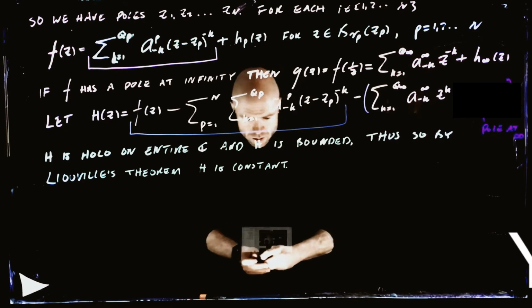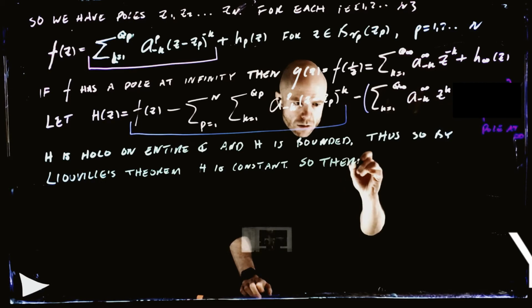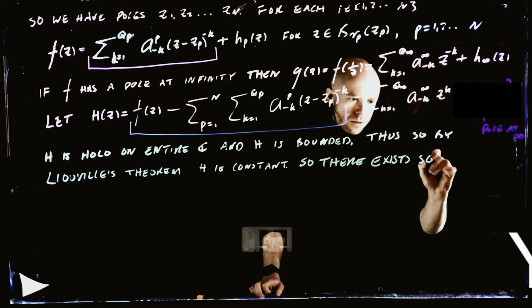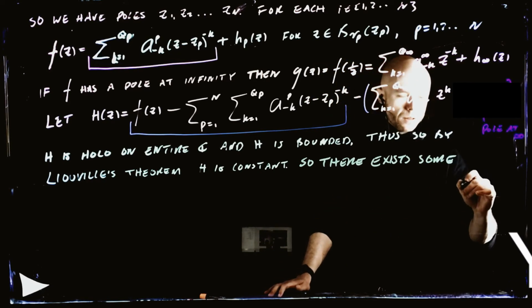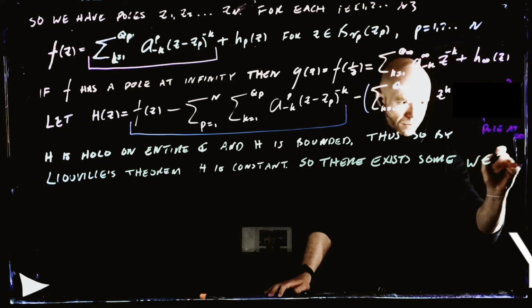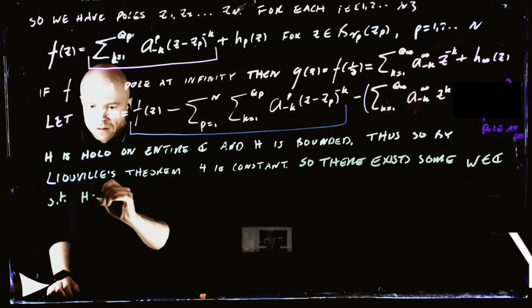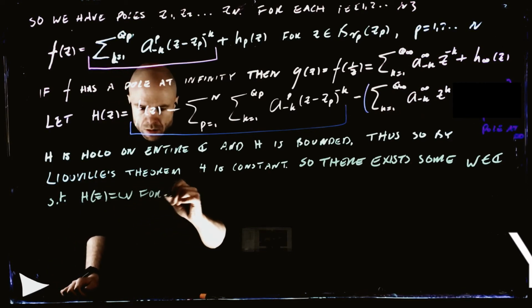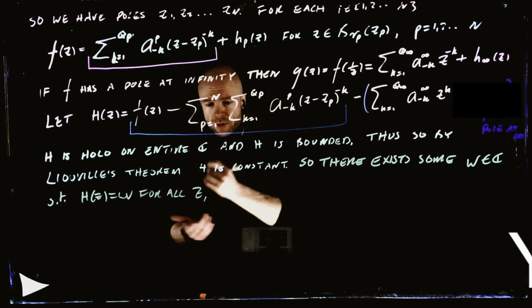So there exists some complex number. Let's not call it C, let's call it W, such that H of Z equals W for all Z. And then we can just unwrap this expression.